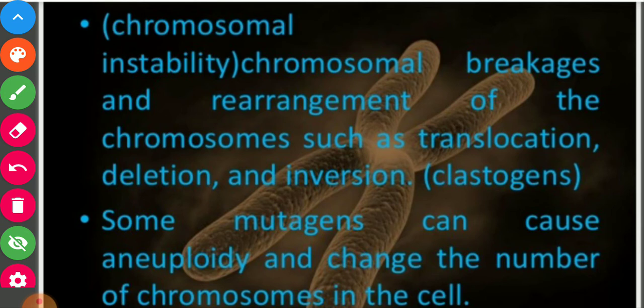Here, chromosomal instability. Whenever chromosome breakage takes place, or rearrangement of the chromosomes such as translocation, deletion or inversion in the arm of the chromosome, this can also cause mutations.